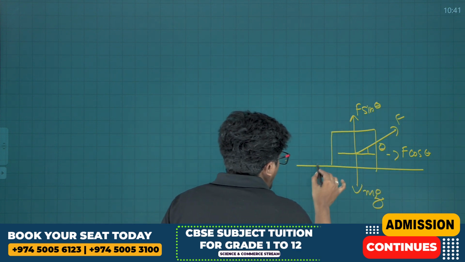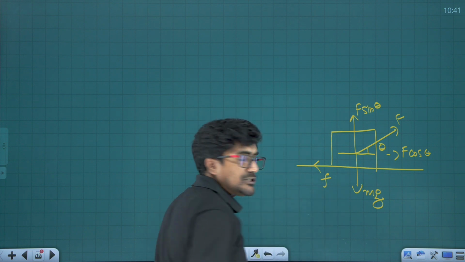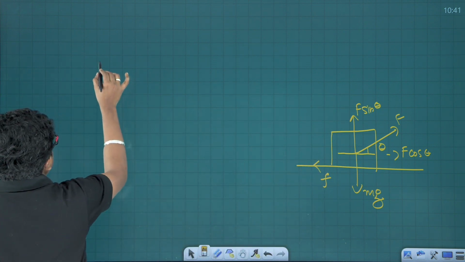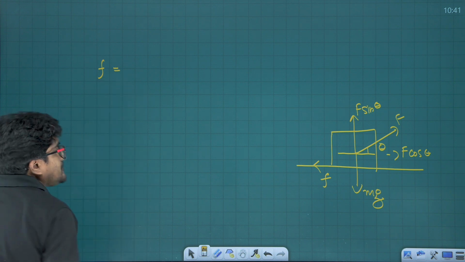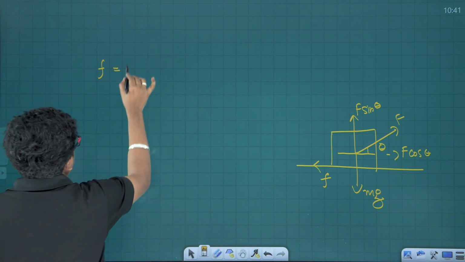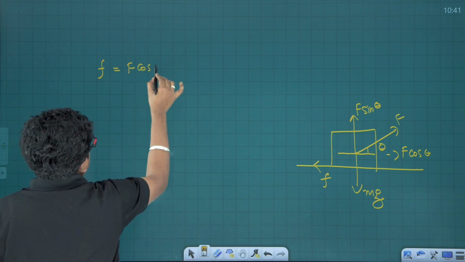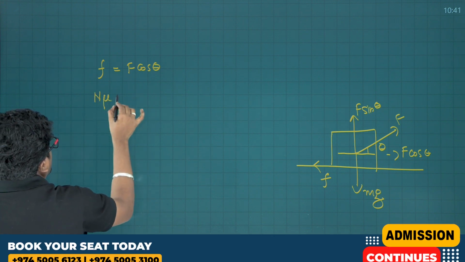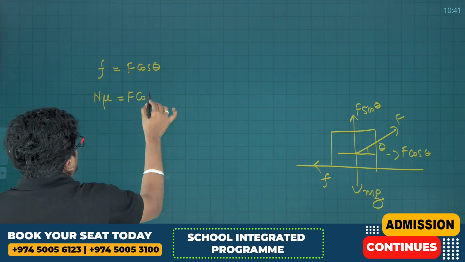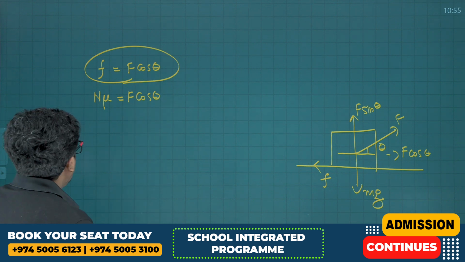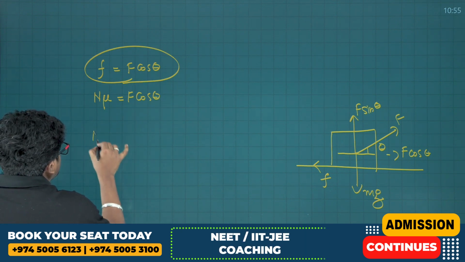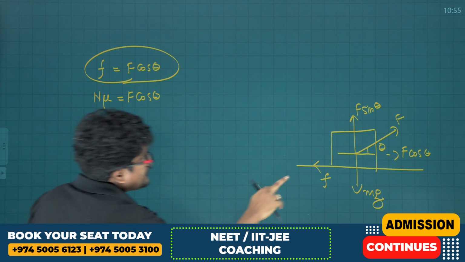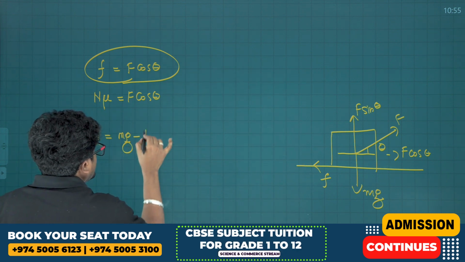Okay, and let capital F be the friction. Now to make this body move in the forward direction, capital F needs to be equal to what? F cos theta. And what is capital F? Capital F is mu into N, that is equal to F cos theta. Now what is the value of capital N? Capital N equals mg minus F sin theta.